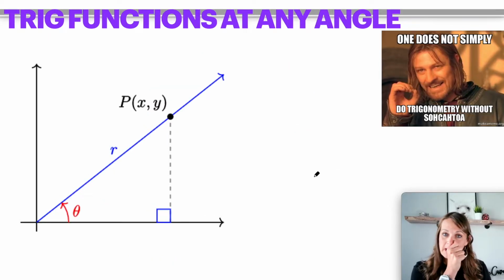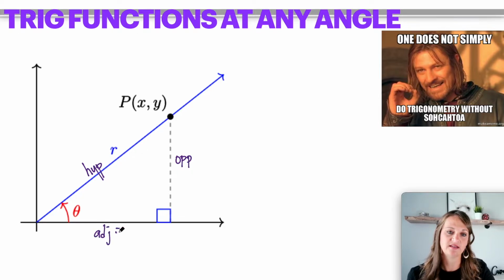So here is the cool thing that happens. Again, if you think of this as an angle, this becomes your hypotenuse, this becomes your opposite side, this becomes your adjacent side, right? This is x, your opposite side becomes y, and this is your hypotenuse, which in this case would be r, your radius.